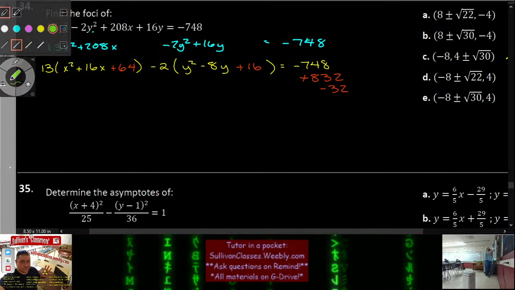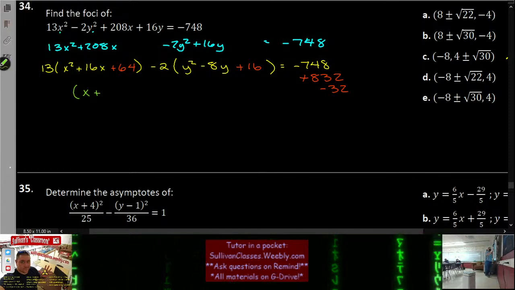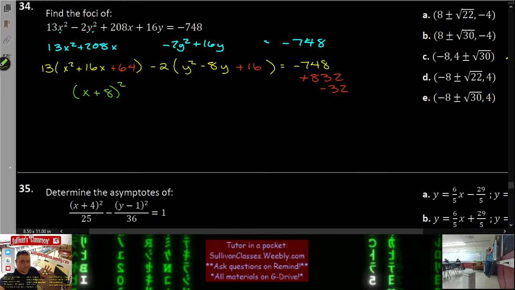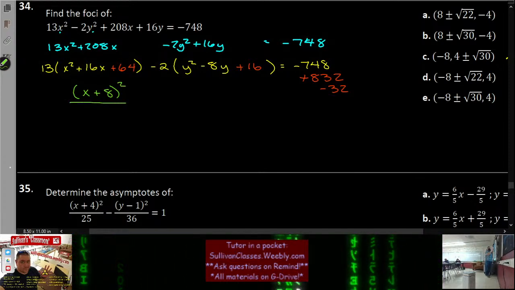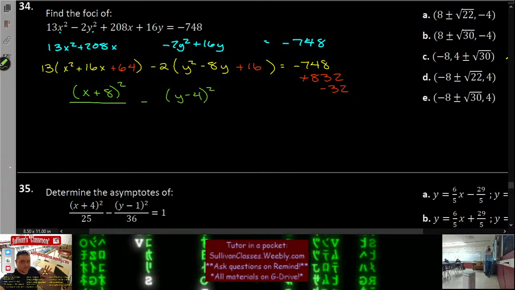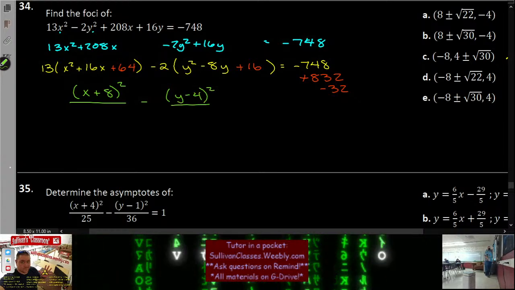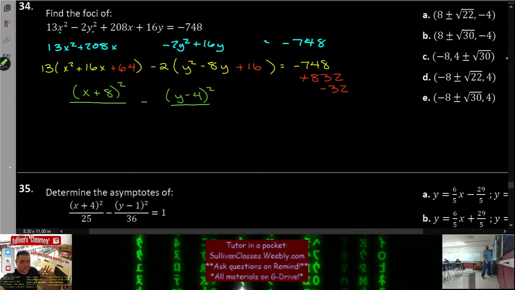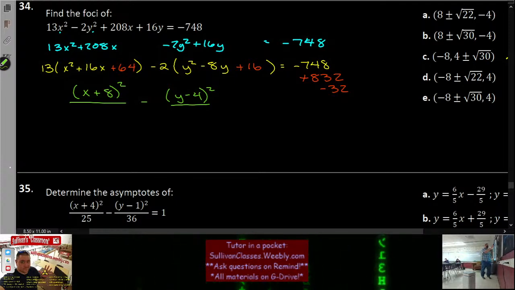So we've got x plus 8, always half of b, squared. We have y minus 4 squared. When I add all that up, I get 52.